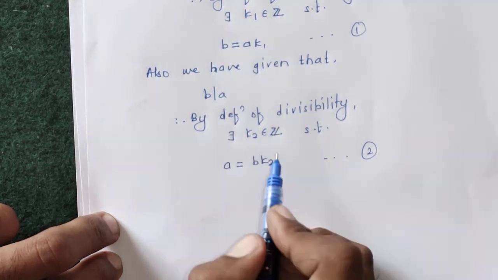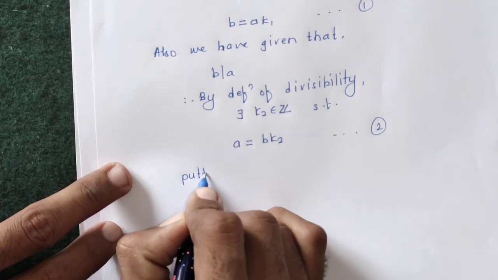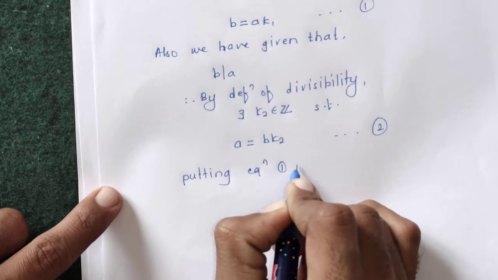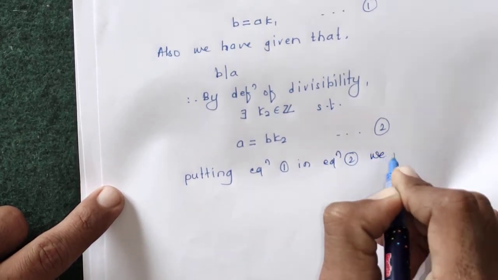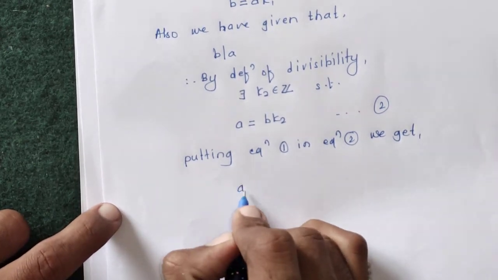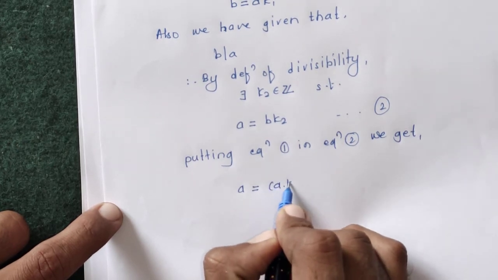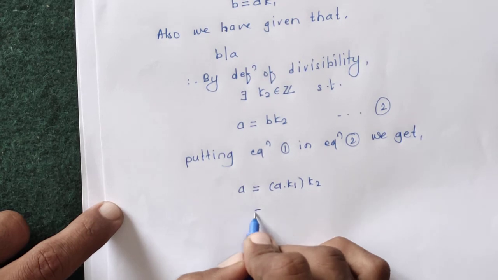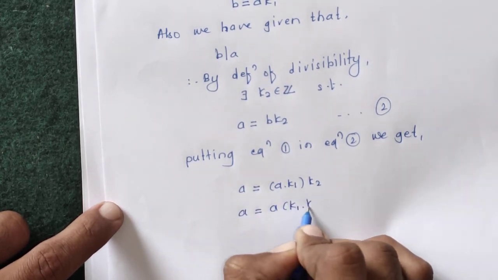Putting this value of B, equation 1, in equation 2, we get A is equal to the value of B, A into k1, into this k2, that is A is equal to A times k1 into k2.